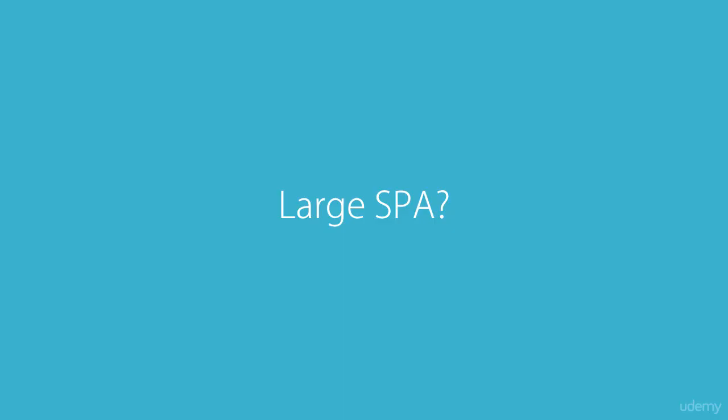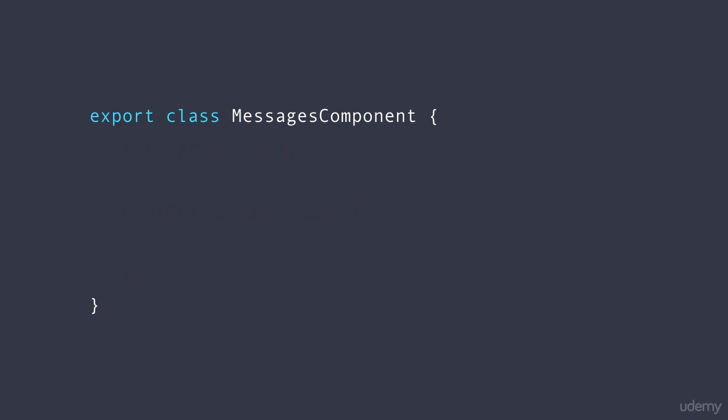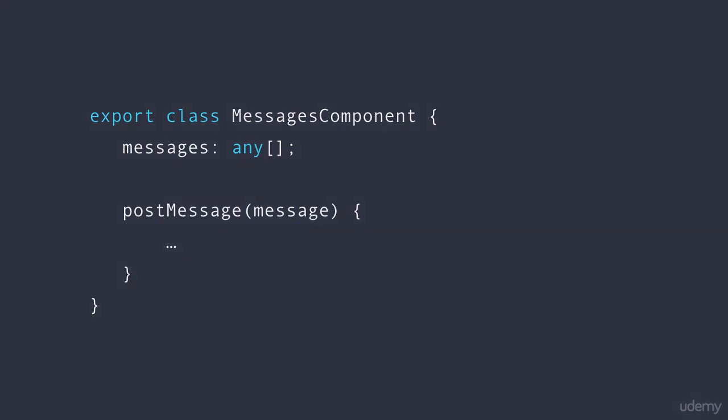So what do I mean by these large single-page applications? Well, in a typical Angular app, without the Redux architecture, you know that each component maintains the state and the logic behind a view. This model aligns perfectly with the encapsulation principle of object-oriented programming.